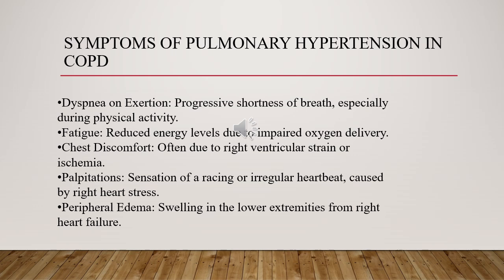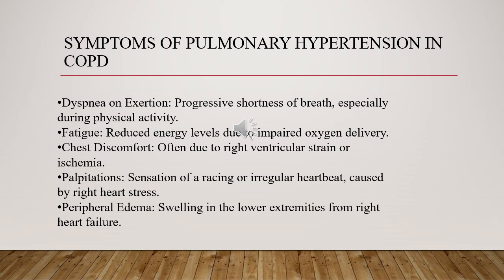This arises from increased pulmonary pressure and reduced oxygen exchange effectiveness in the lungs. Fatigue is also a prominent symptom, often stemming from diminished cardiac output and the body's reduced ability to deliver oxygen to tissue during physical activities.